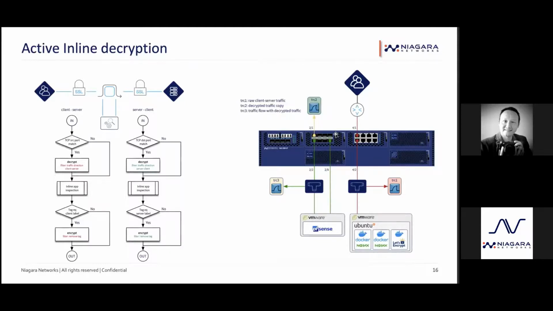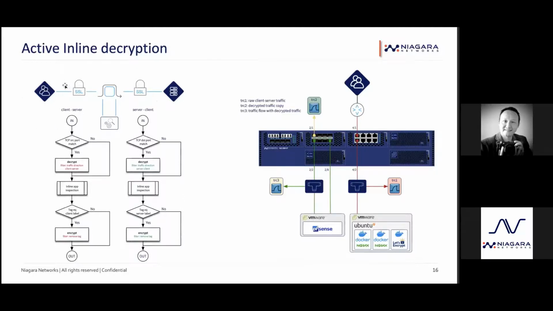Even though we do have an inline deployment, the packet broker provides you with a copy of the decrypted traffic as well, which you can feed to out-of-band deployments. So even though you have an inline deployment, you can take a copy of the decrypted traffic and send it to out-of-band tools as well.